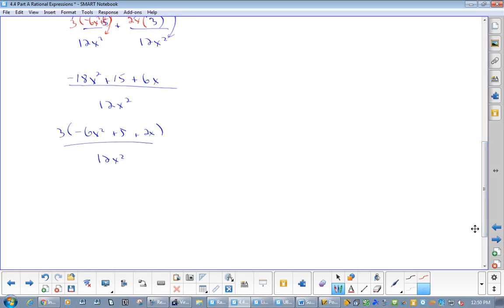Do you see how I have a 3 up here? I have a 12. So I can divide each by 3. That'll give me a 1 and a 4. So that's negative 6x squared plus 5 plus 2x all over 4x squared.